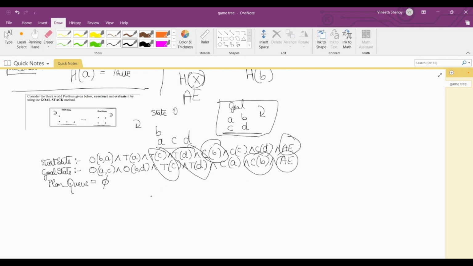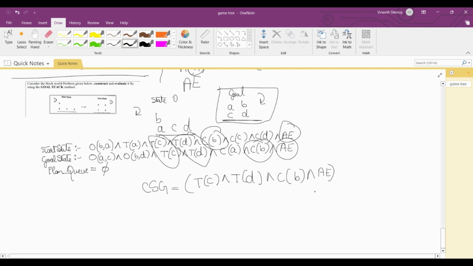So for convenience, let us take this as CSG. What is CSG? CSG means conjoined sub goals. It's just for our convenience. It's better to write what the CSG means wherever we use it. So it is ontable(C) and ontable(D) and clear(B) and arm empty. Whenever we write CSG, it means these four must be satisfied.